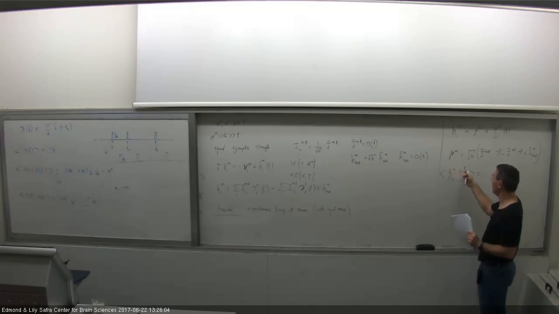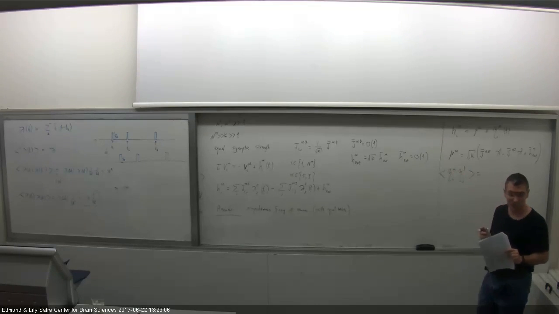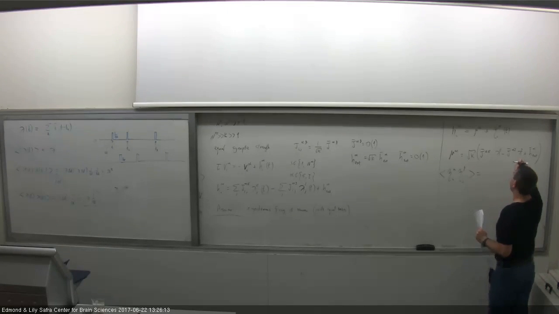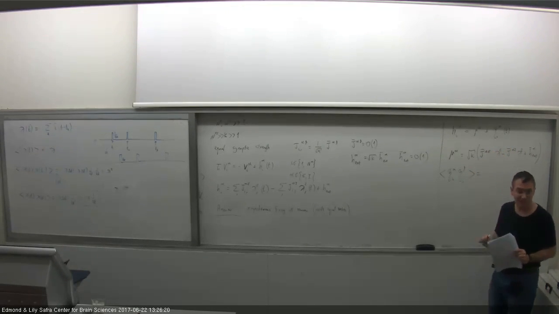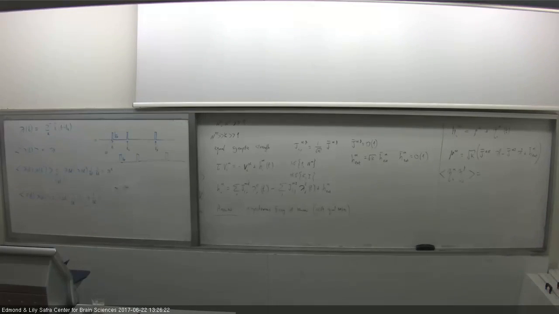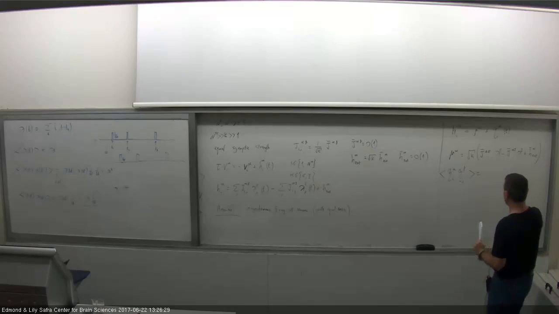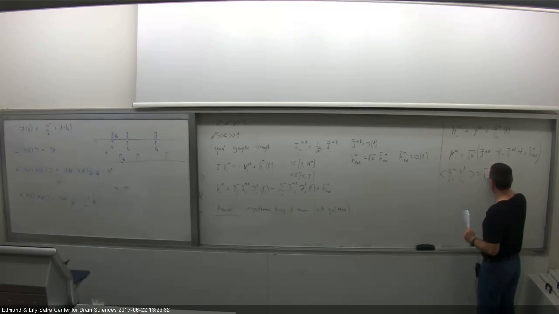There is a case of alpha being equal to beta and I being equal to j. This would be the autocorrelation. And there will be the case of I being different from j and alpha being different from beta. So let's talk first about the case where alpha is equal to beta and I is equal to j.